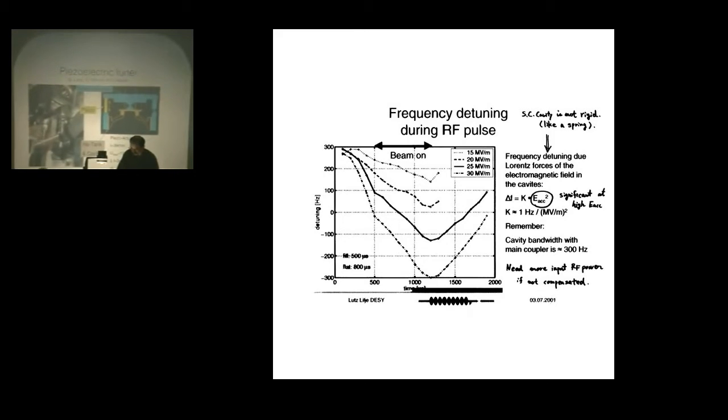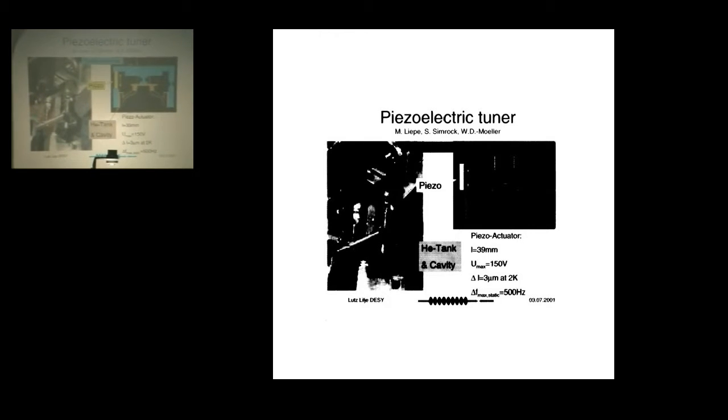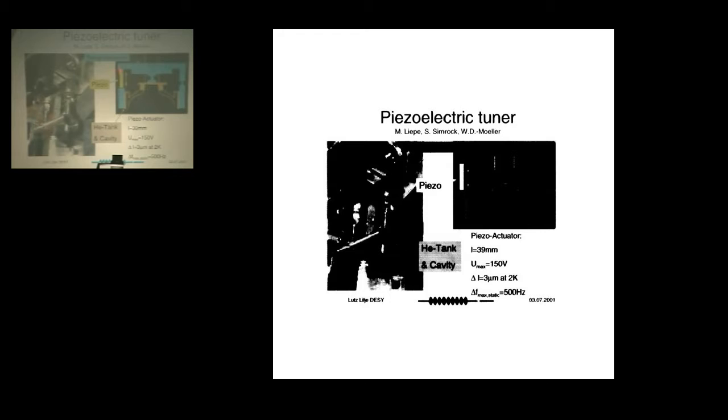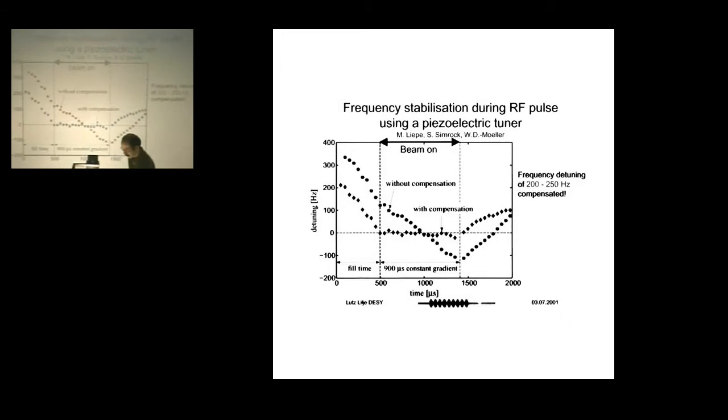So they tested the compensation using a piezoelectric tuner. This is the end of the cavity, and by changing the length here using a piezo, you can change the detuning frequency. And it was tested very successfully, shown here.